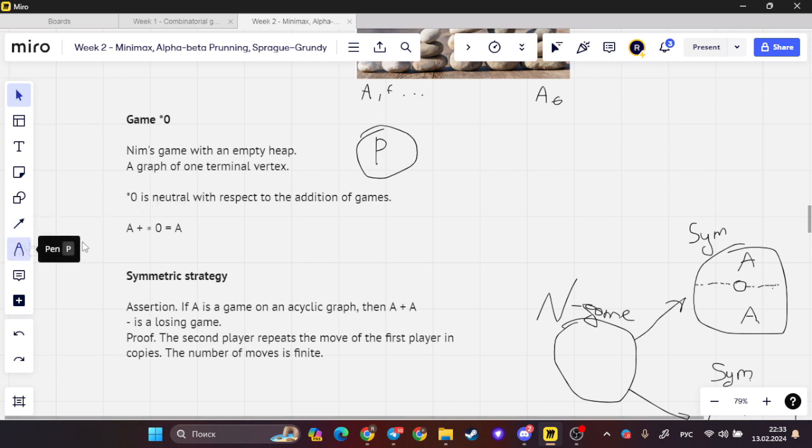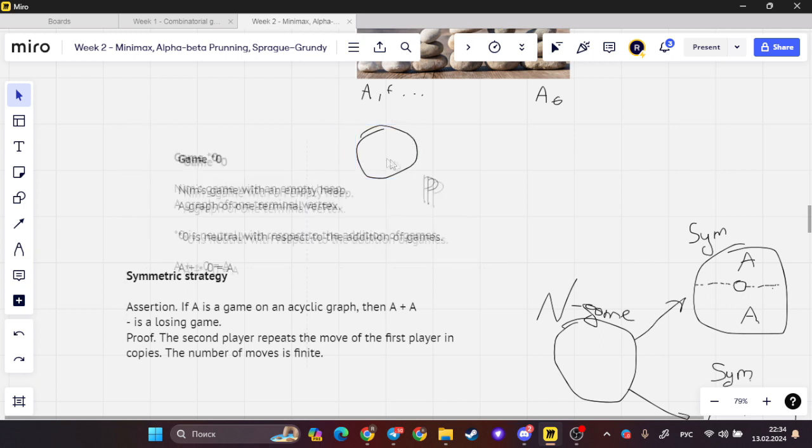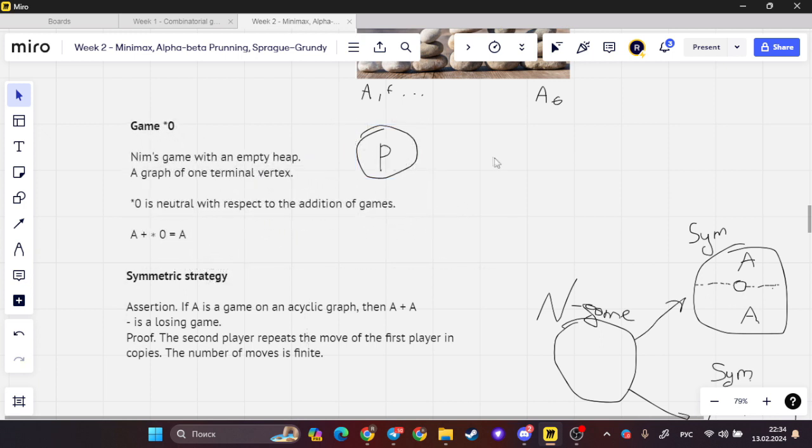And notice that if we consider some graph and this vertex, this will be the same as playing only on the graph, because we can make any move in this state.